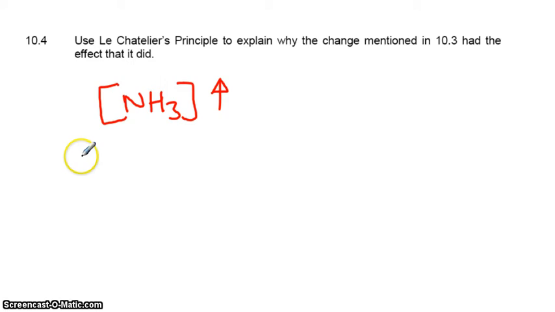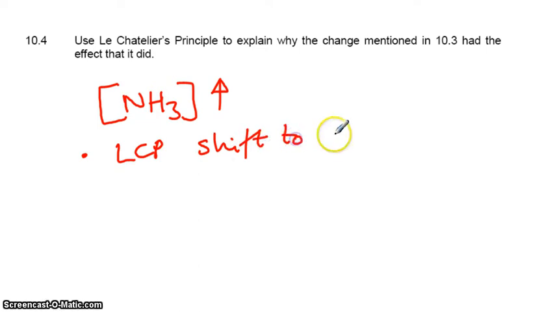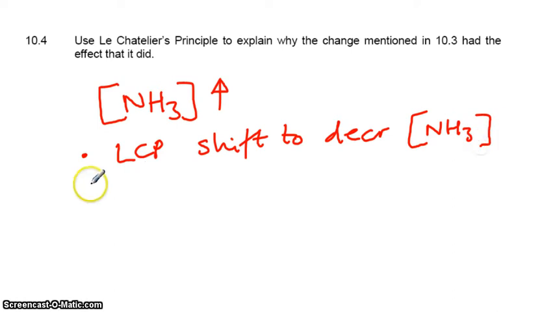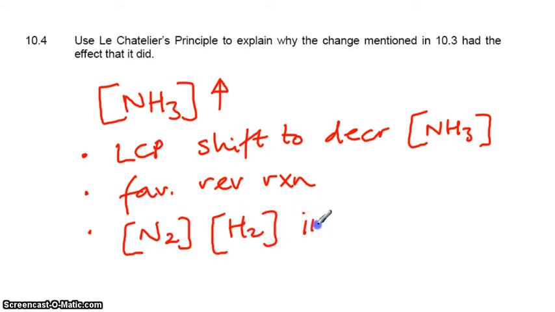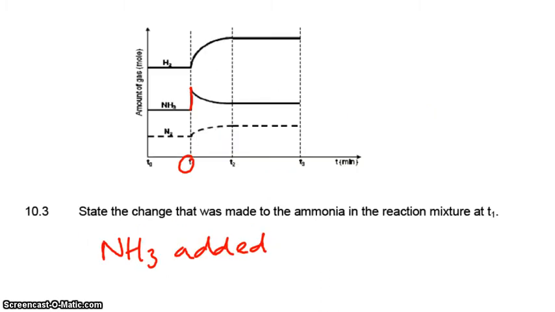So the explanation as to why it had the effect is that according to Le Chatelier's principle, the equilibrium will shift to decrease the concentration of ammonia, and it does that by favoring the reverse reaction, and hence the concentration of nitrogen and the concentration of hydrogen both increase. If we go back and have a look at that diagram, you'll see that the hydrogen increases and the nitrogen increases as well.